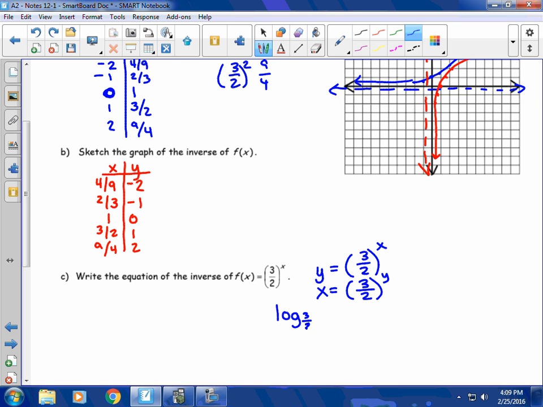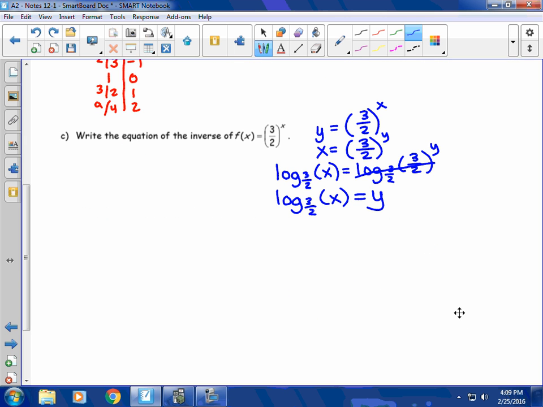Log base 3/2 of x equals log base 3/2 of 3/2 to the y. That gets that 3/2 base to cancel out. We've got log base 3/2 of x equals y. So our final answer is f inverse of x equals log base 3/2 of x.